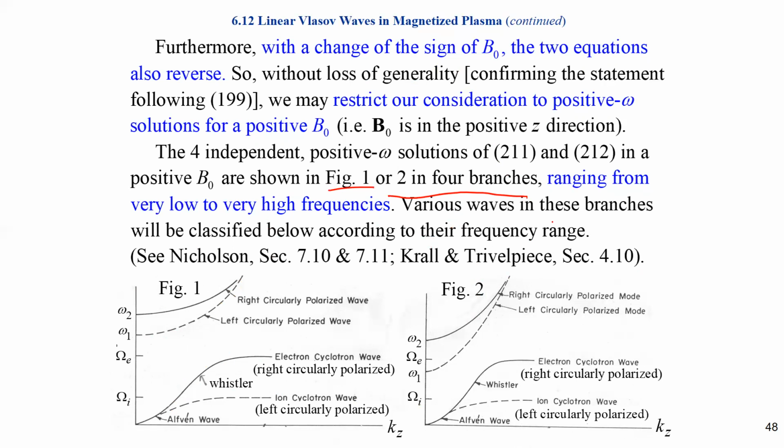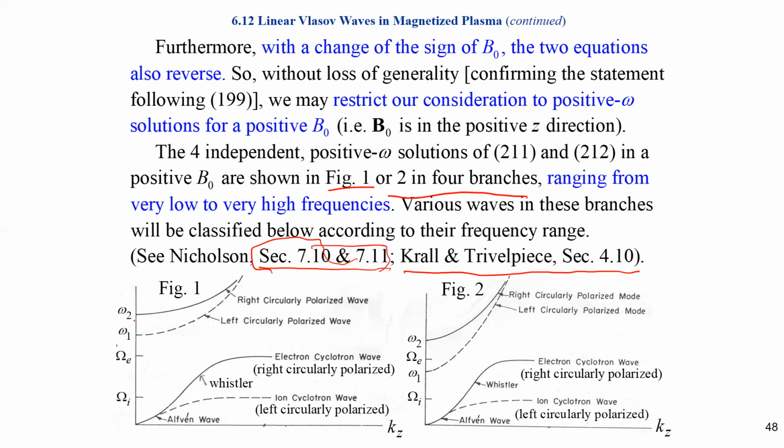Various waves in these branches will be classified below according to their frequency range. So although it's still chapter 6, it covers Nicholson chapter 7 already.